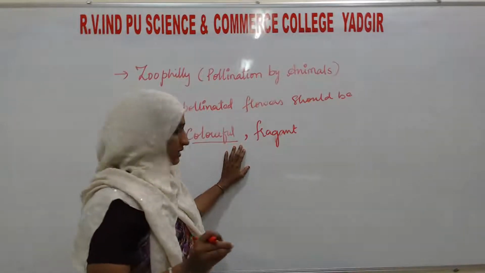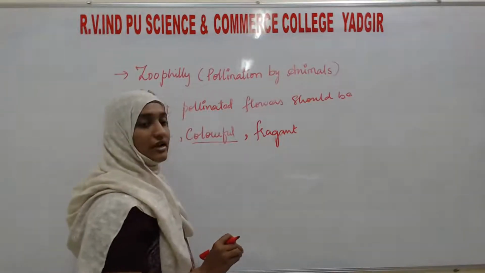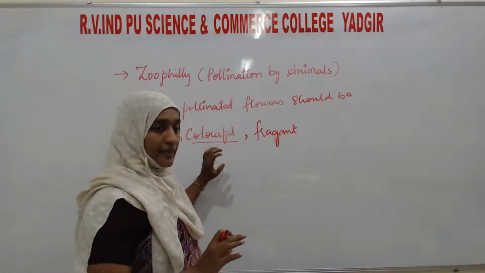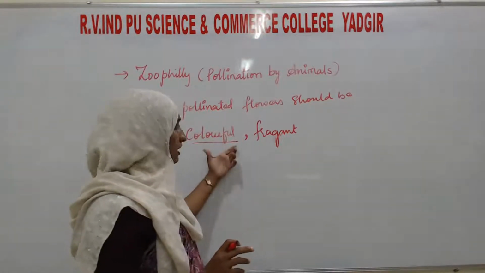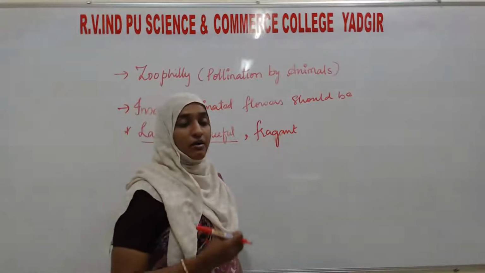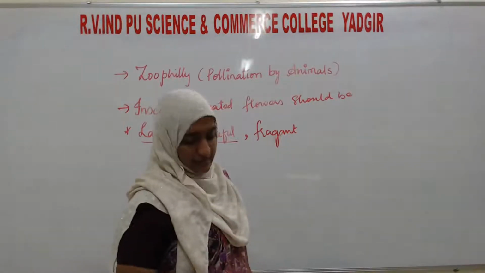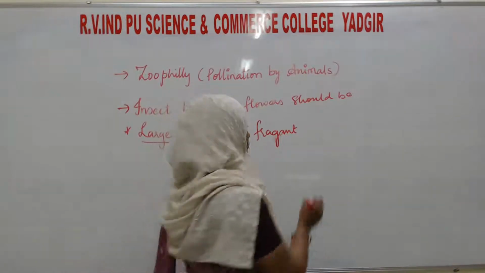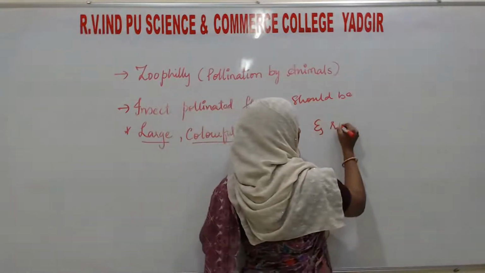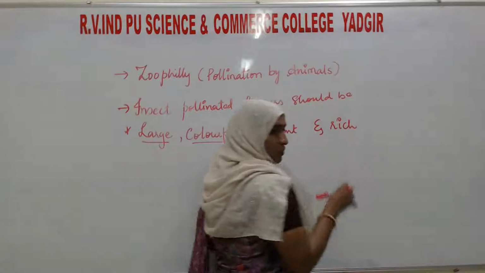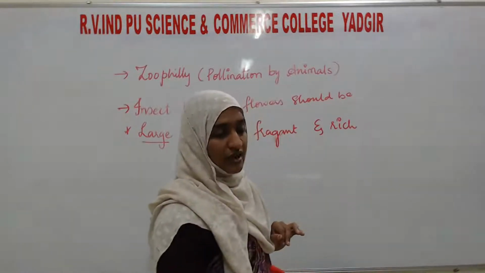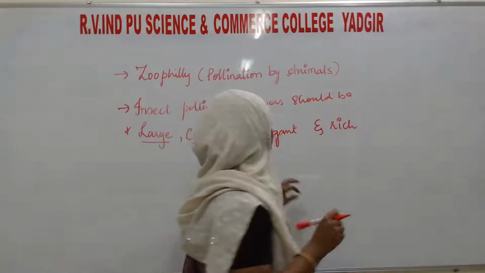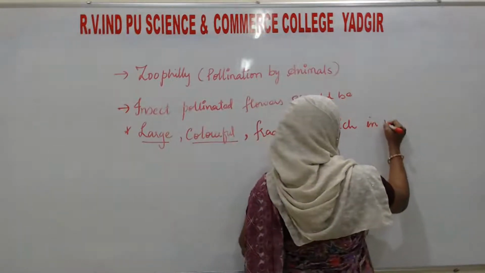But here, where animals act as pollinating agents, the flower should be larger, colorful, and give a good smell, that is fragrance, so they are attracted towards it. And it should be rich in nectar, because the flies and all are attracted for the purpose of collecting the nectar.